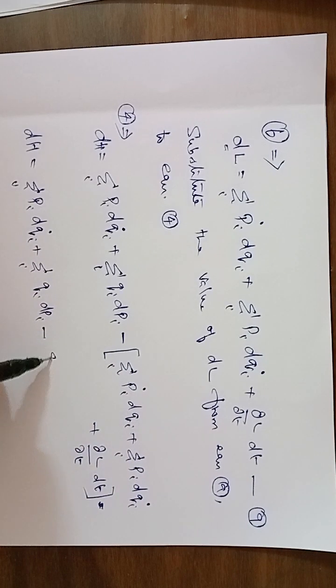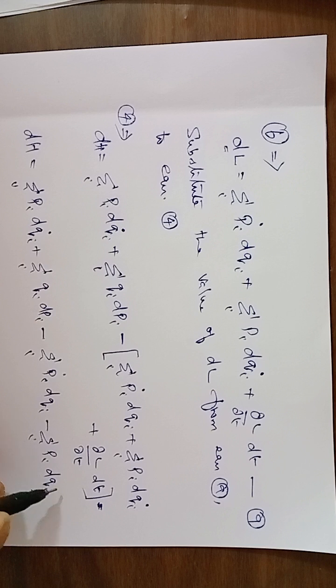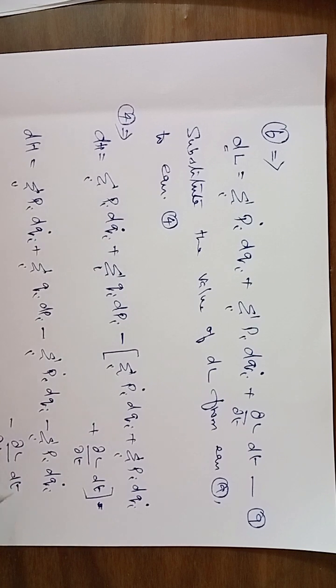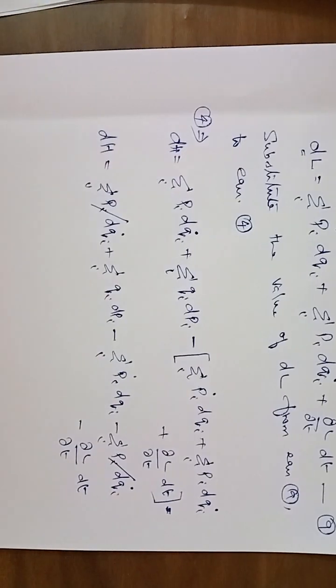Now multiply this minus going inside: minus summation of i pi dot dqi, minus summation of i pi dqi dot, then minus ∂L/∂t into dt. Here this term and this term cancel each other, it is plus, it is minus.